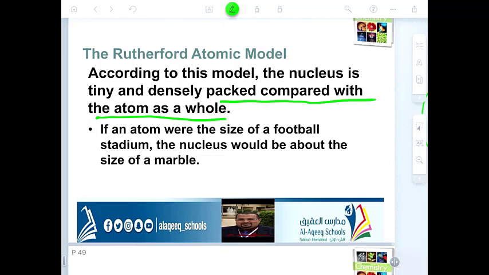Yes, it's very, very small at the center of the atom. Imagine that if the atom had the size of a football stadium, the nucleus would be about the size of a marble.